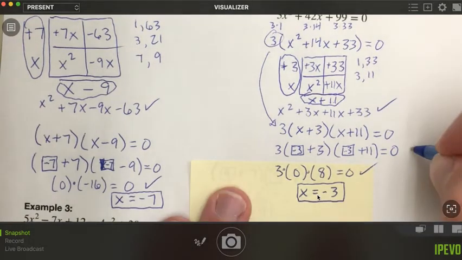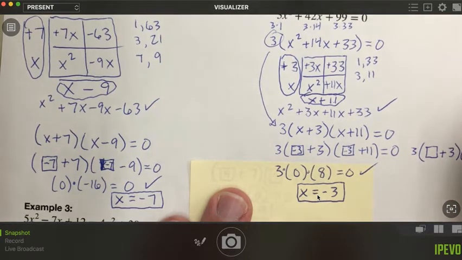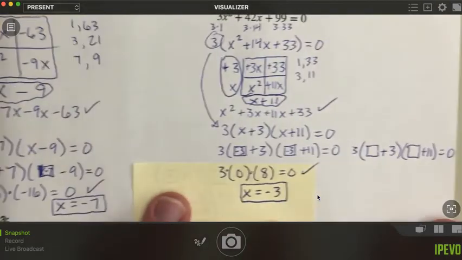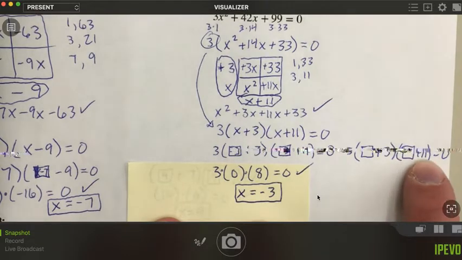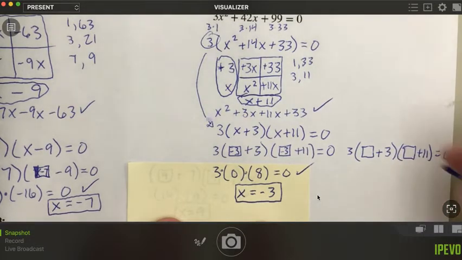And then let's go think about the other set of parentheses. All right. So now let's think about this case. What number plus 11 gets me 0? Well, that would be negative 11 plus 11.